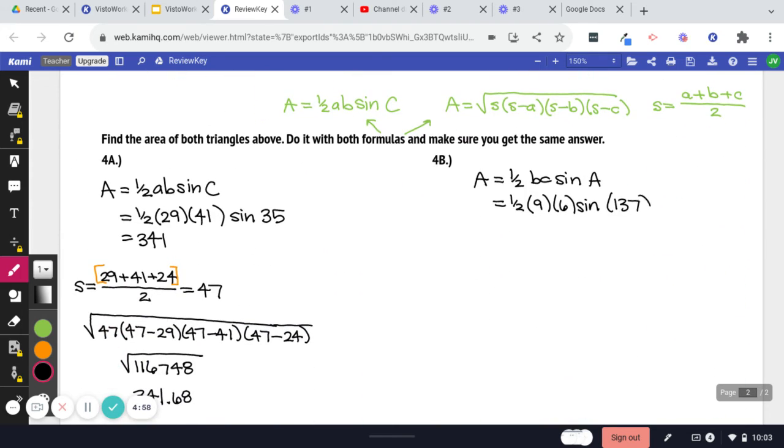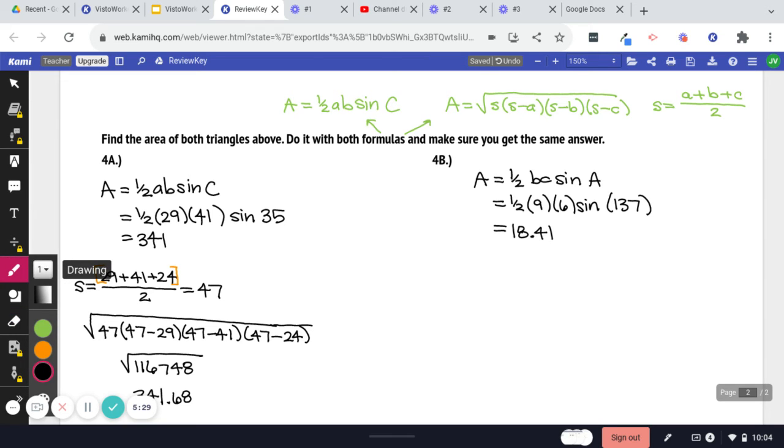If you want to see it worked out for 8, I totally can do that. Just send me an email maybe. So here we go. Half times 9 times 6 times sine 137, and we get 18.41.